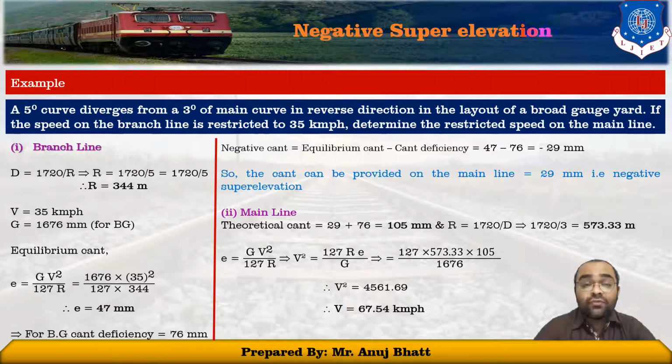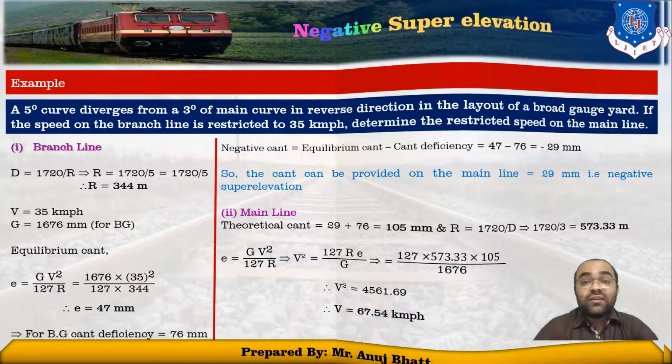So according to this data, at the main line, the restricted speed should be 67.54 km per hour. Clear? So that is the example based on the negative superelevation.